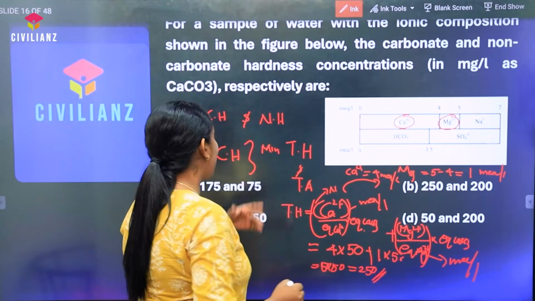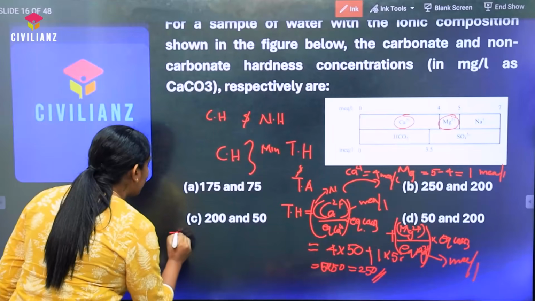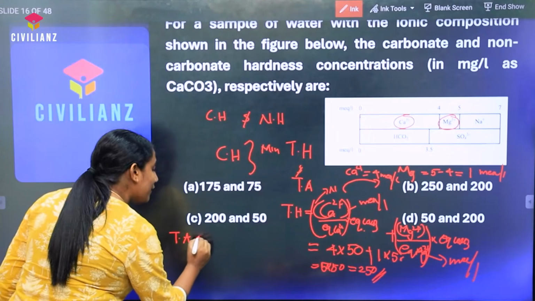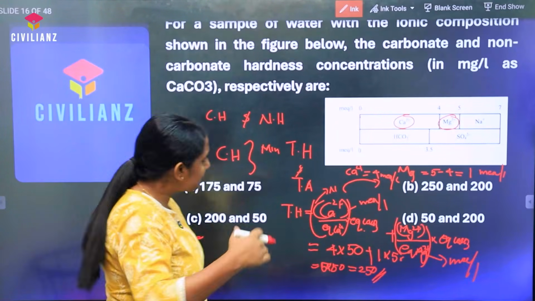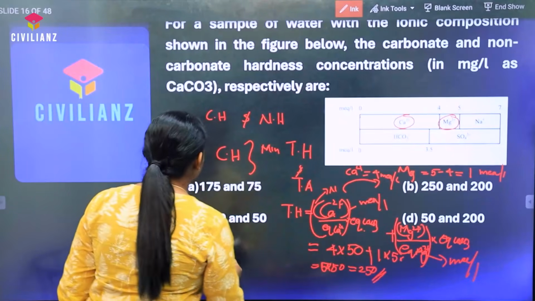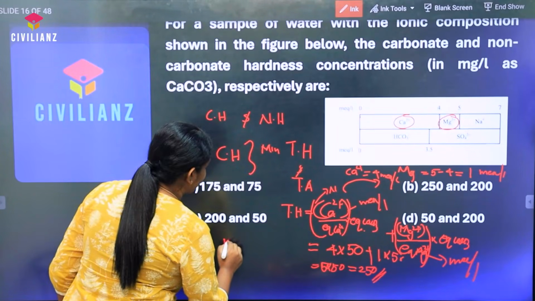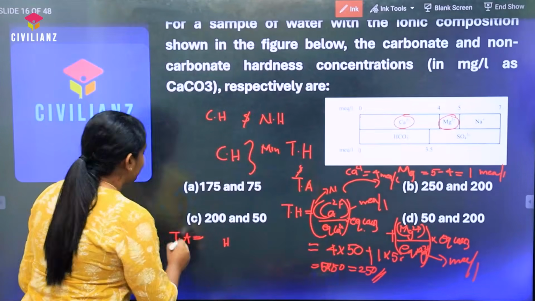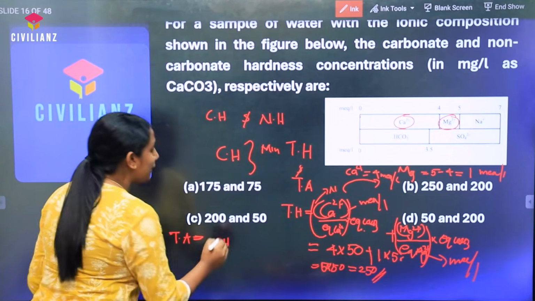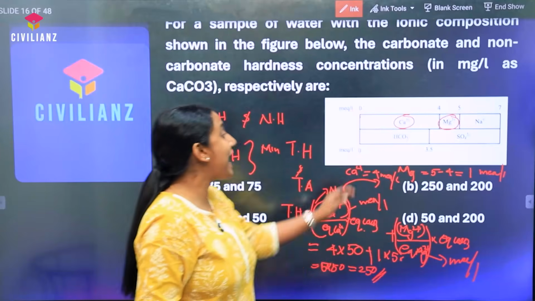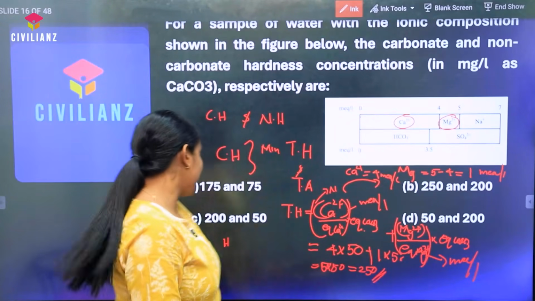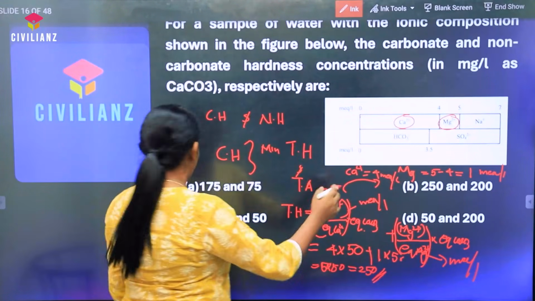Next we have to find out total alkalinity. Total alkalinity is found by the same method. The total alkalinity is caused by HCO3. How to calculate this?